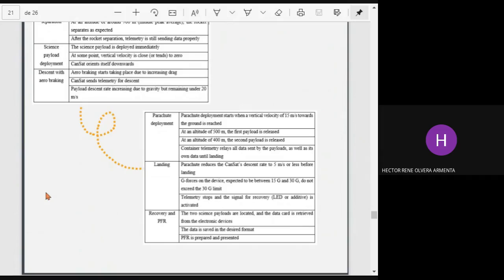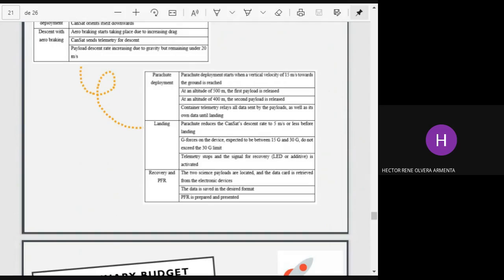Then we are moving to the landing phase, to the landing stage, when the CANSAT and the payload touches ground, and finally recovery of the data and also of the different parts of the system.